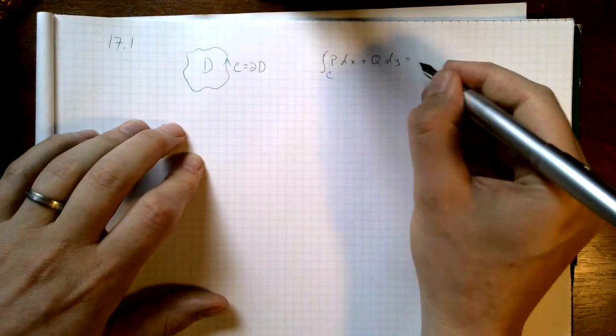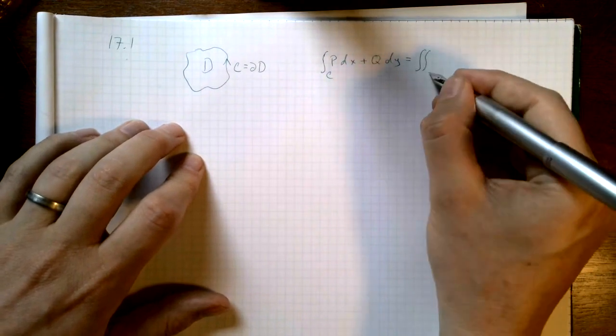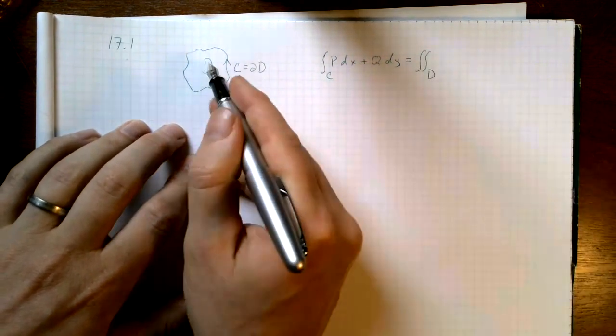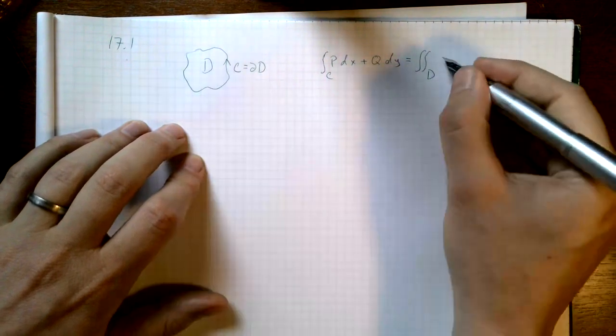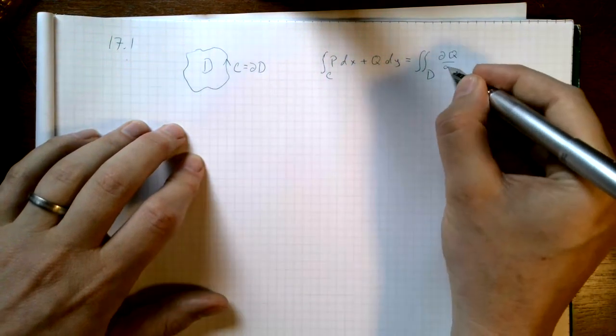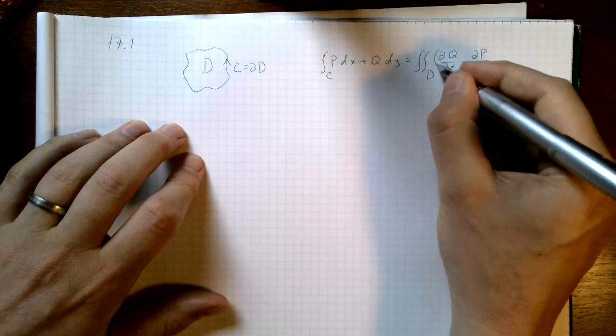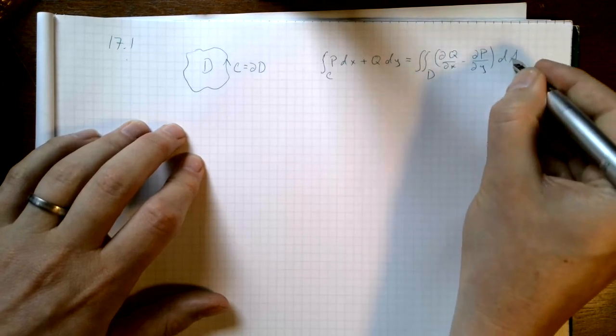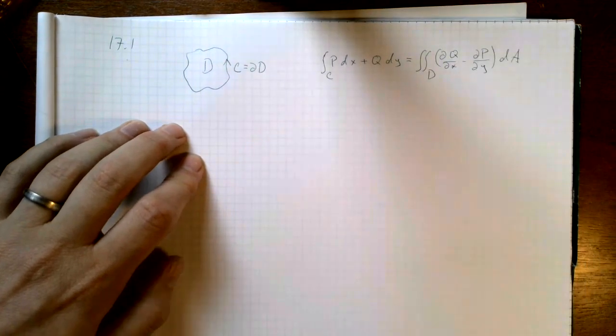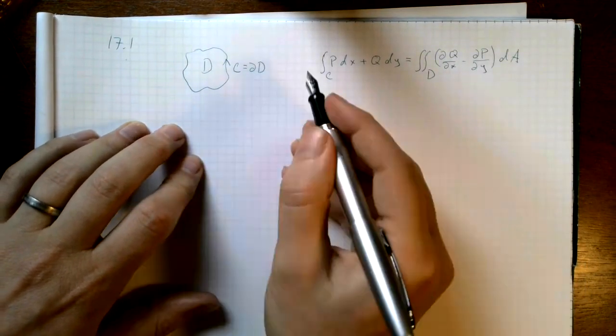Then this is equal to the integral over the inside of dQ/dx minus dP/dy with respect to the area. So that's Green's theorem.